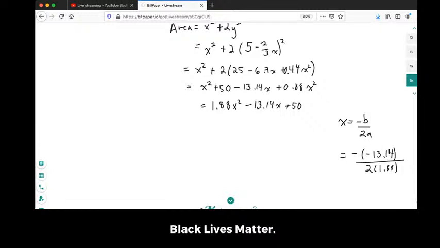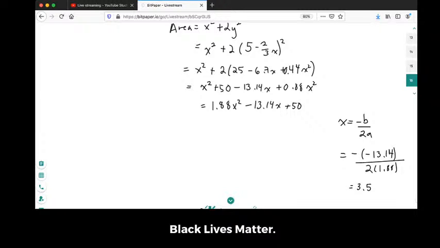And that's going to be 3.5 when we round it. So basically 3.5 centimeters is the side of the square for the minimum area.